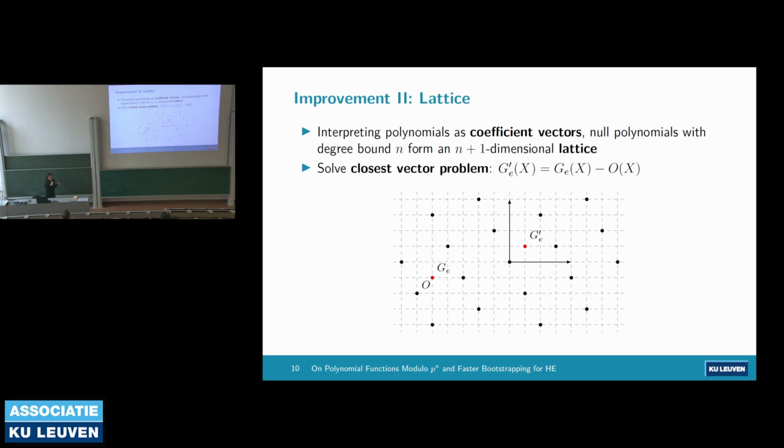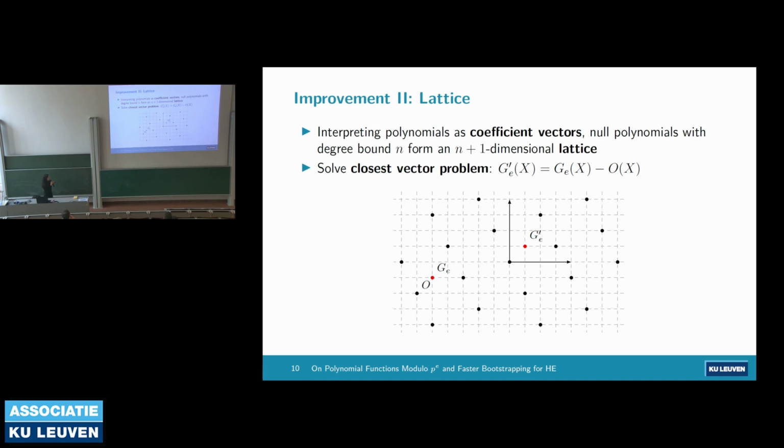Our second improvement uses lattices. Interpreting polynomials as their coefficient vectors, null polynomials with degree bound n form an n plus 1 dimensional lattice. This graph visualizes a 2-dimensional lattice formed by these black dots.